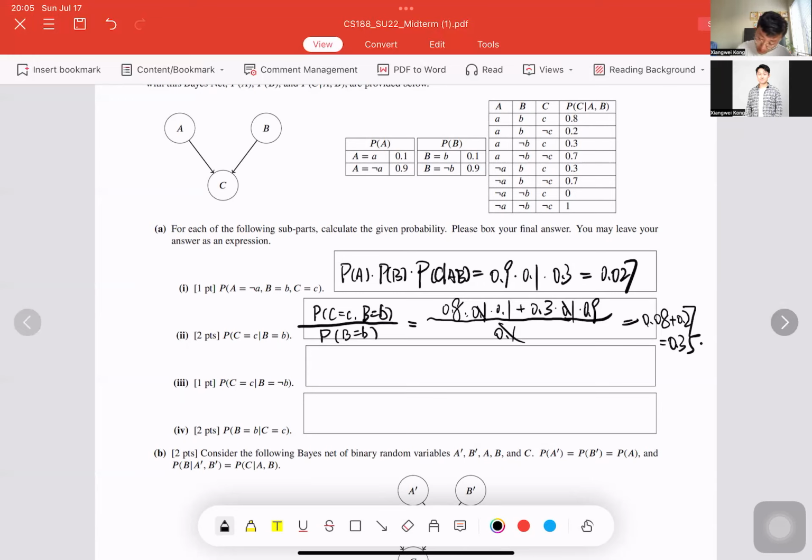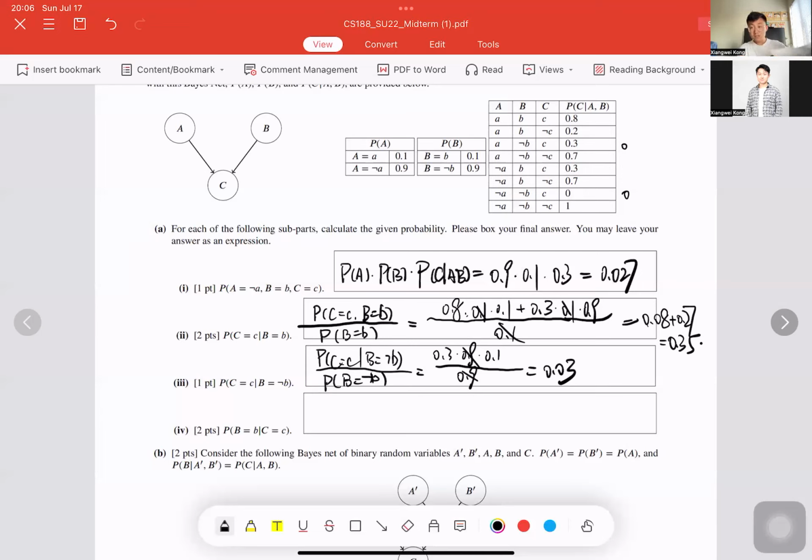So this one, and we sum over all the values for A. And this one, since it's 0, we just don't consider it, and we just have 0.3 times 0.9 times 0.1 divided by 0.9, and we got 0.03.